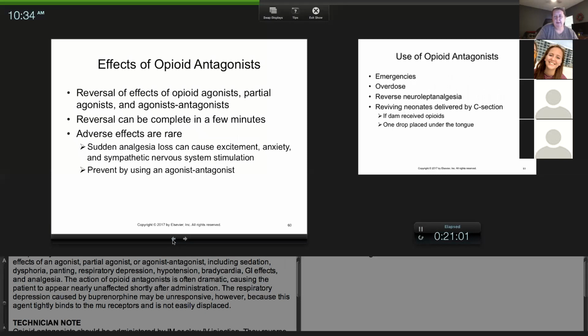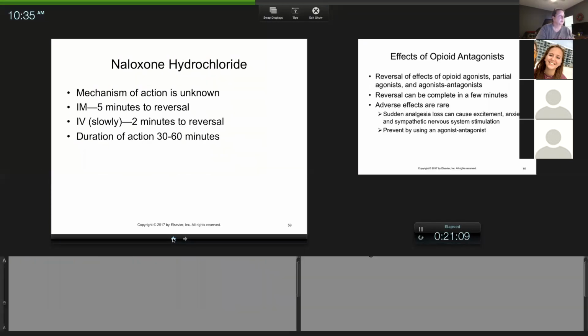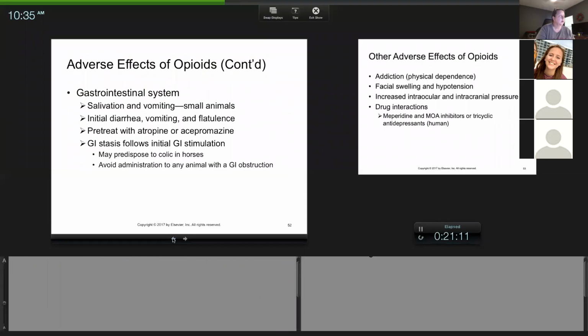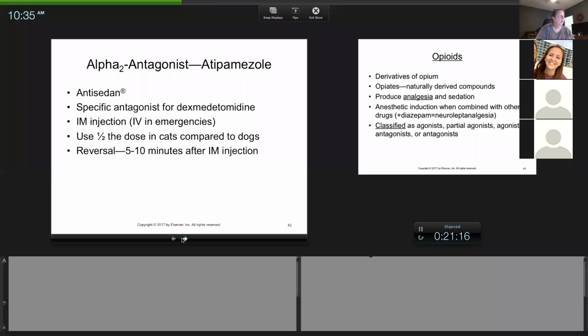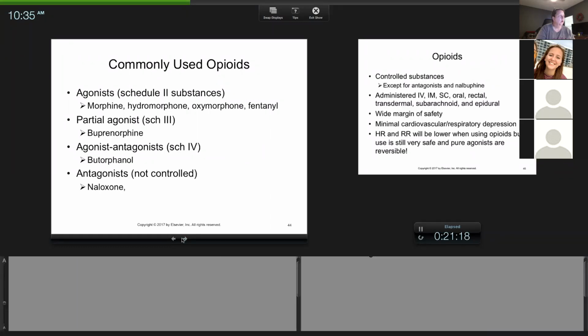There is a pain handout that we do in anesthesia too that goes a little more in depth about the drugs. But let me go back to the slide. Slide 44 is important. It tells you what category these drugs are in, so you need to know slide 44.